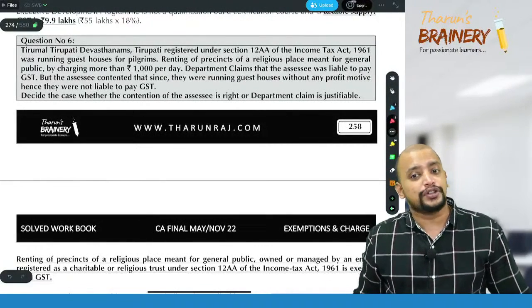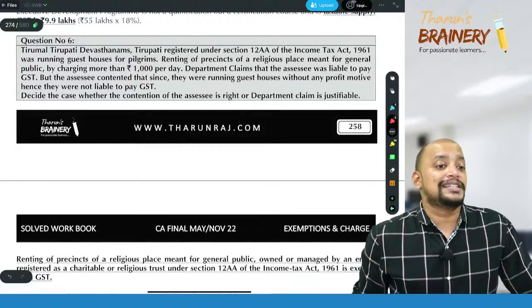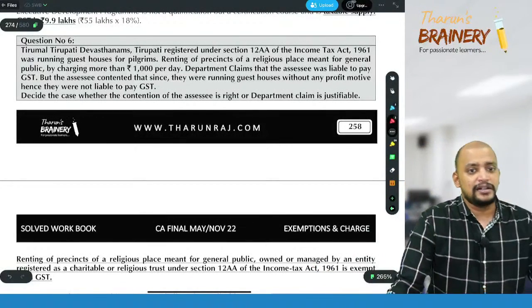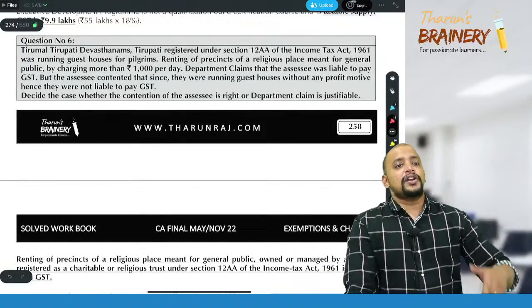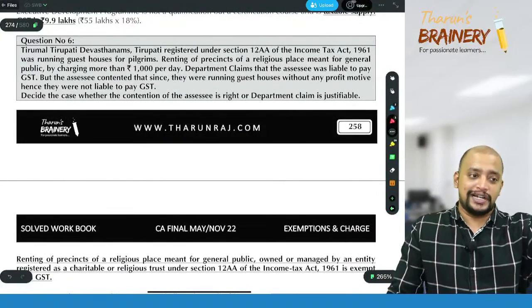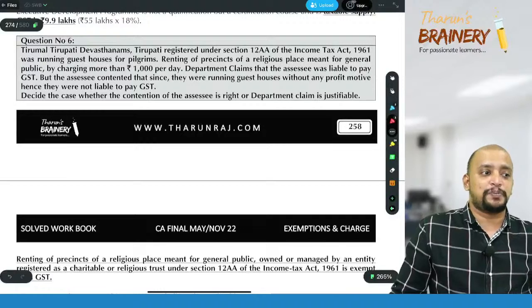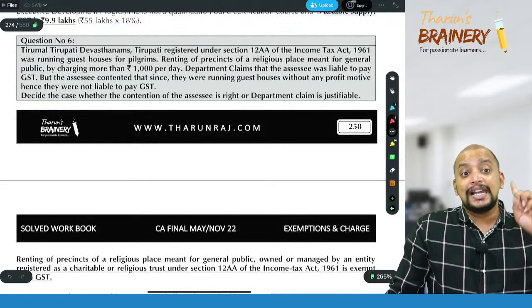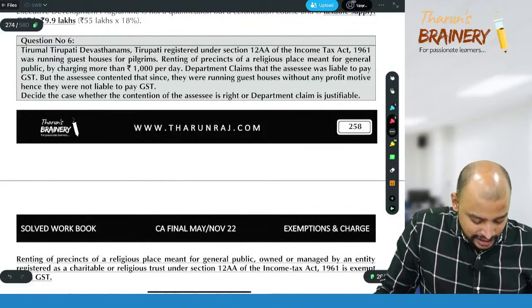Even if it is equal to 1,000, it will be taxable. So it's less than 1,000. Normal properties given on rent for stay, if it is less than or equal to 1,000, it is exempted. But in case of religious place accommodation, less than 1,000 only is exempted.